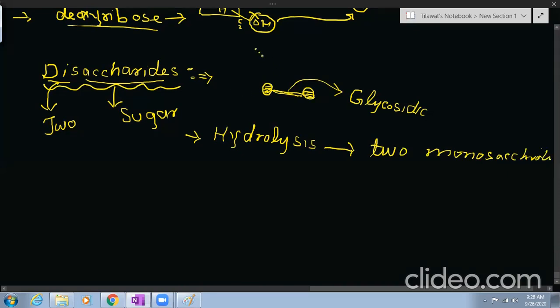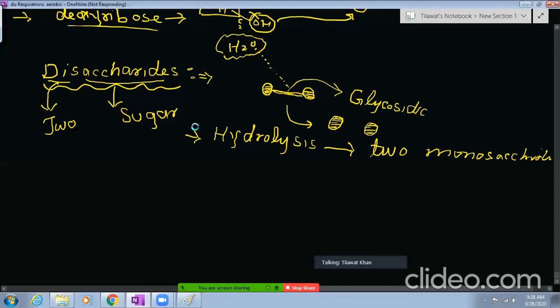For example, if I add water to this disaccharide, by utilization of water, breakage of this bond will take place. Water plus enzyme will break that bond and will give me what? Two monosaccharides. So disaccharides are those sugars that give us two monosaccharides through hydrolysis, through addition of water.